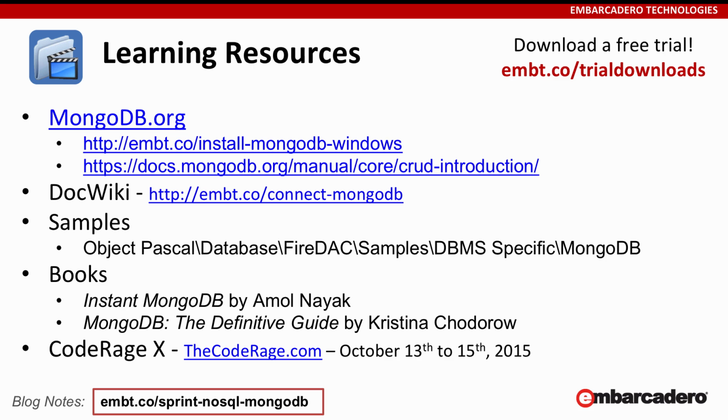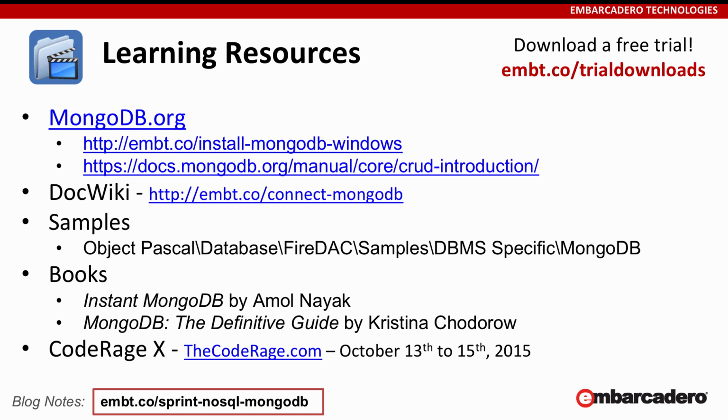A couple books here I'm recommending. The first one, Instant MongoDB, is a short introduction to MongoDB that has a chapter that covers installation, and it covers what are the key things you need to know about MongoDB. So if you don't want to read a lot, that's the one I recommend. If you do want to read a lot, check out MongoDB: The Definitive Guide. It's the definitive guide for MongoDB, or at least that's the goal.